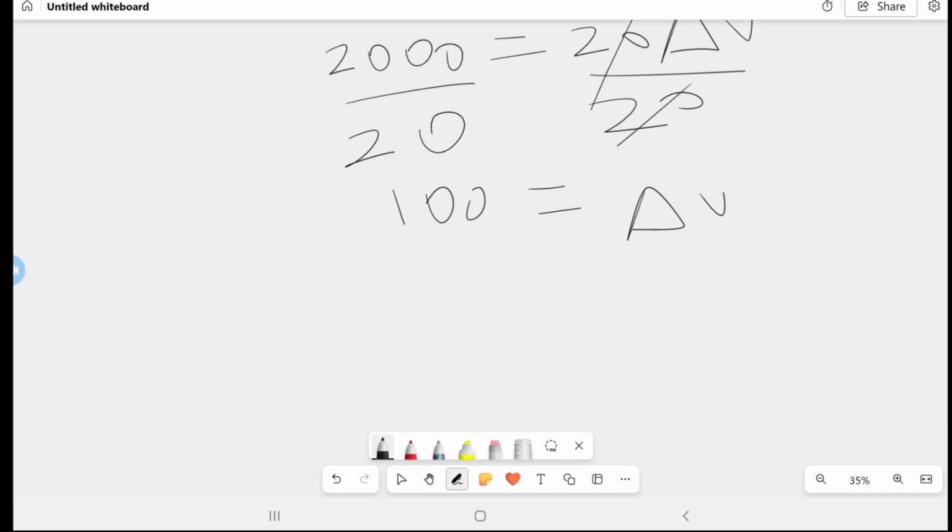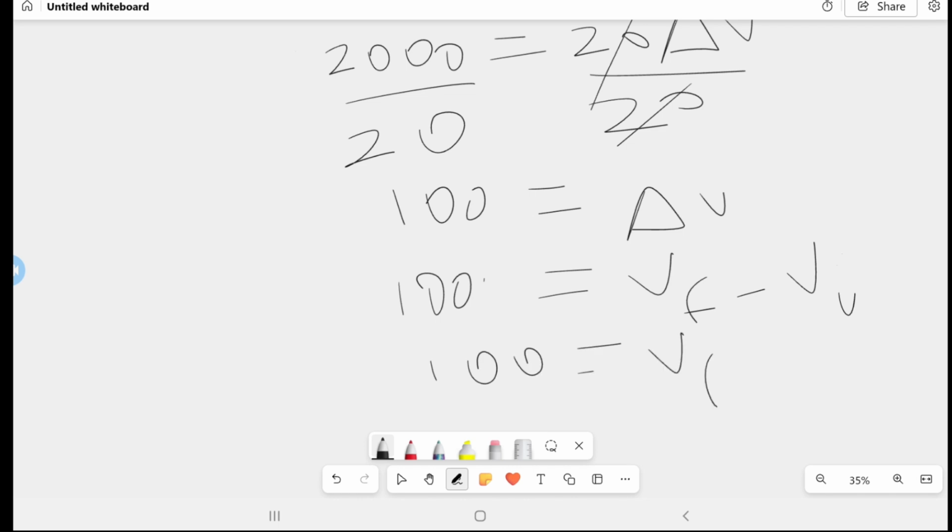So now we know that our change in V will be VF minus VI, so it's going to be 100. We said our VI, because the object is at rest, is going to be 0.